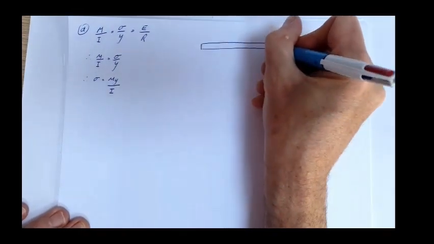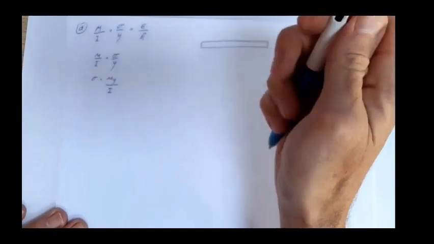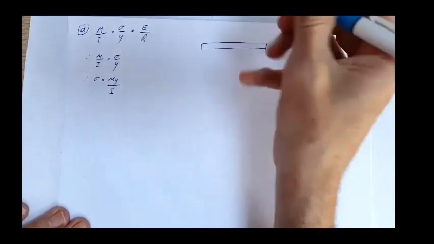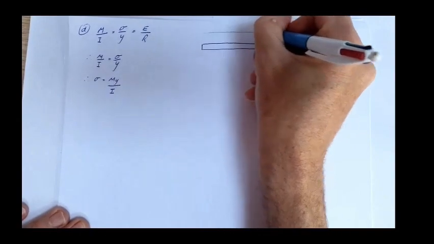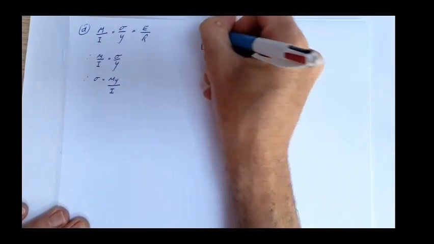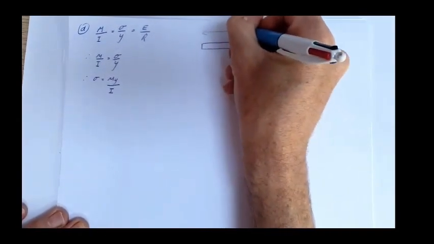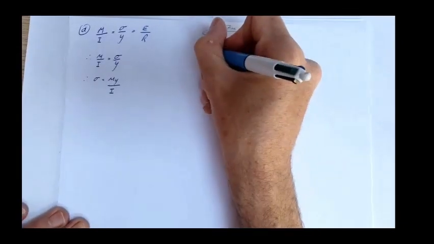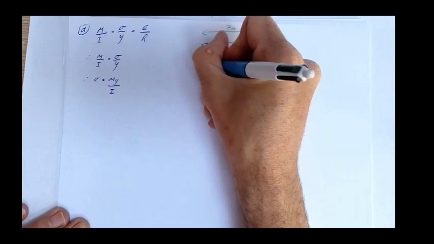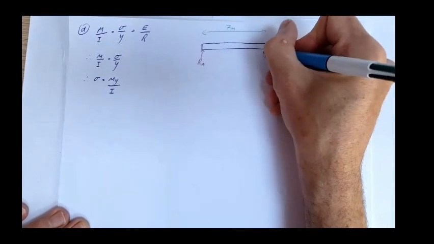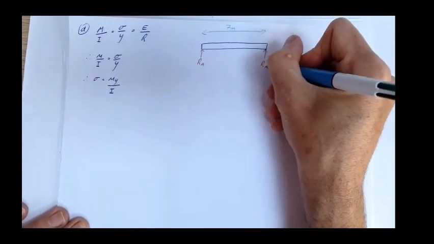We've got our beam, 7 meters long. We've got a reaction at this end, let's call this RA, and a reaction at this end, we'll call this RB.